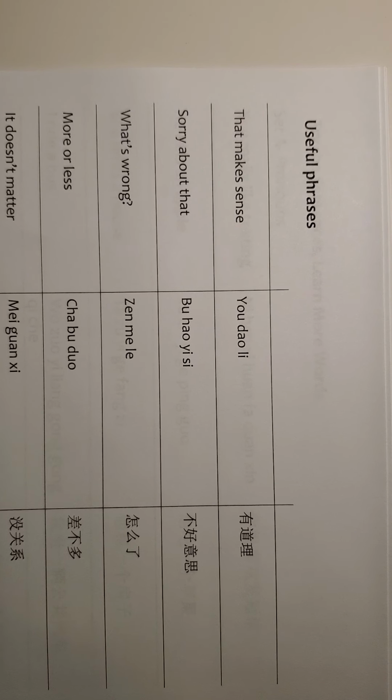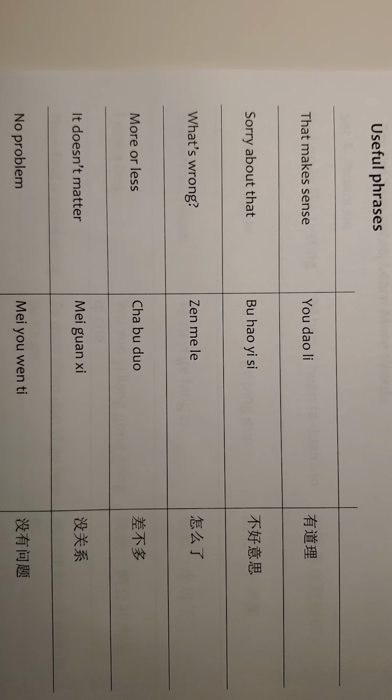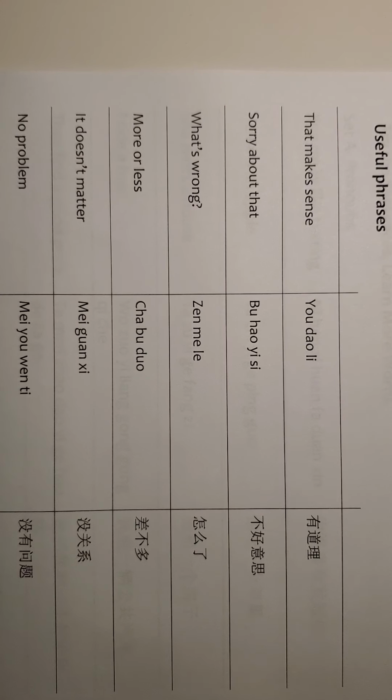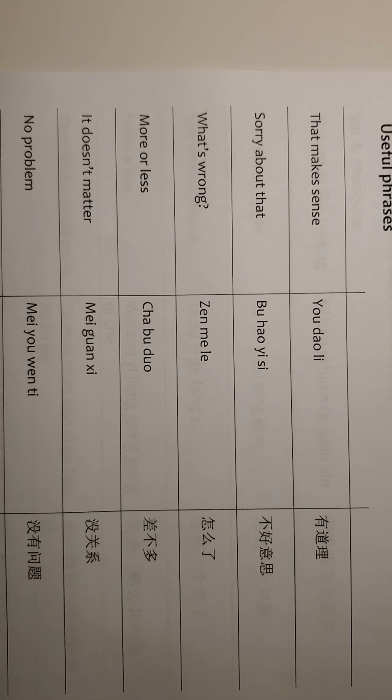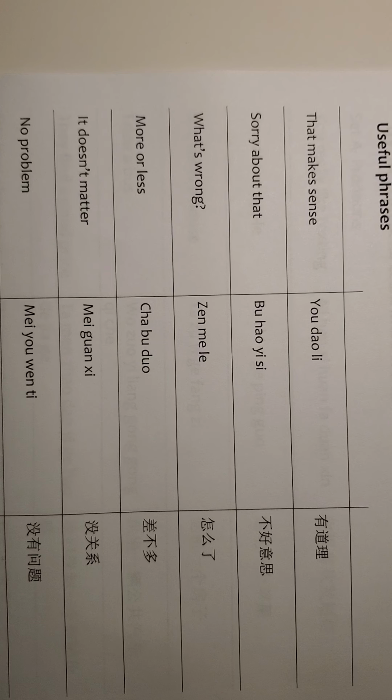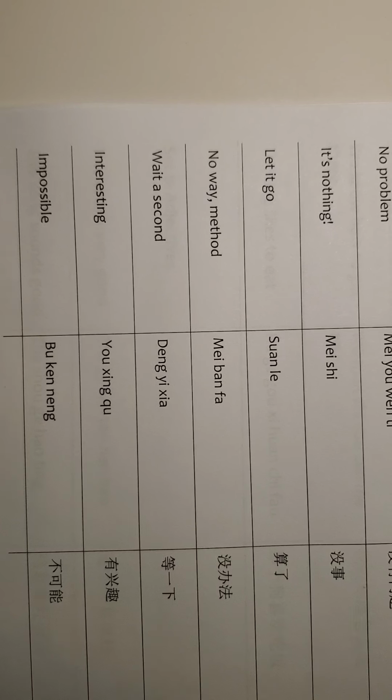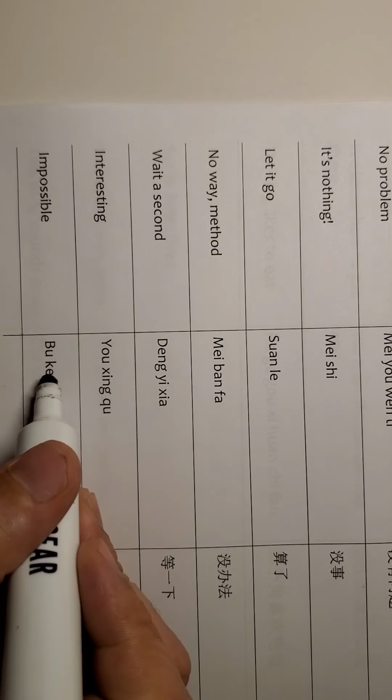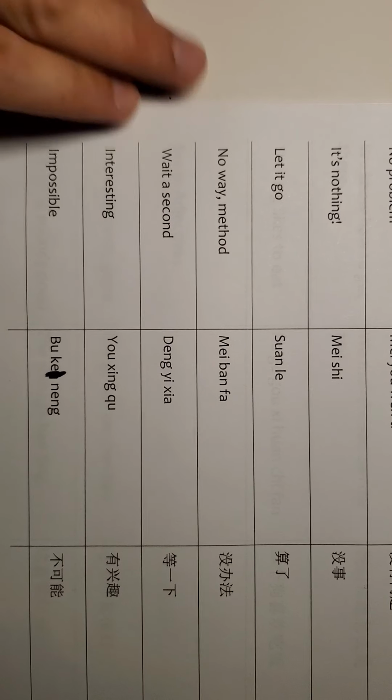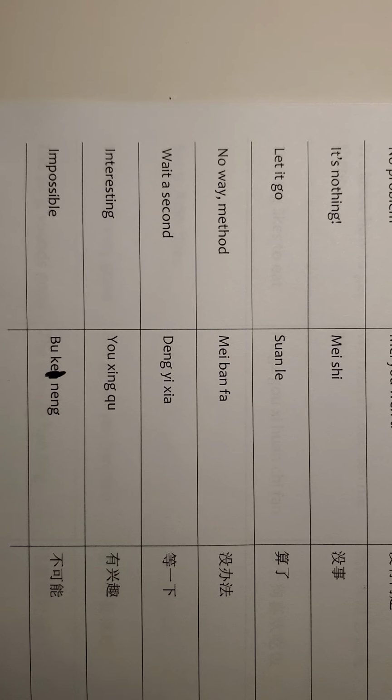不好意思. 怎么了? 差不多. 没关系. 没有问题. 没事. 算了. 没办法. 等一下. 有兴趣. 不可能. 可能 means maybe, by the way. 可能的 possible. 不可能 means impossible.